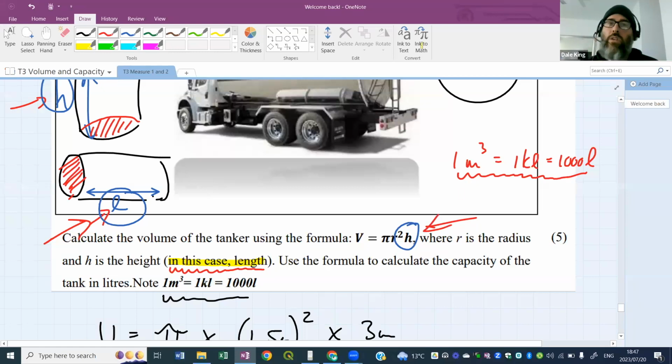They're trying to not confuse anyone with the word length. If the cylinder's just lying down, you can't really call it height. I hope that makes sense.